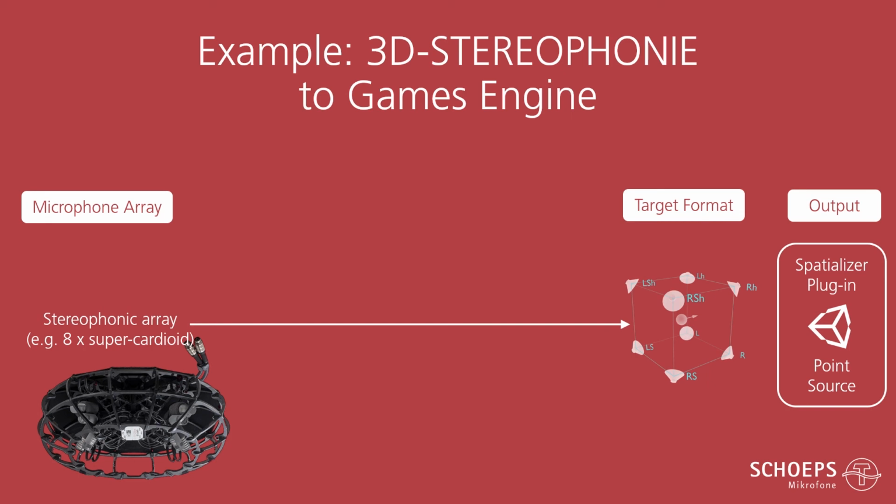They have to be designed so that the stereophonic microphone system fits those virtual speakers in terms of positions and arrangements. But if you do that well, you can then directly take those signals and route them to the Spatializer in different spots in the virtual scene. And then you're done.